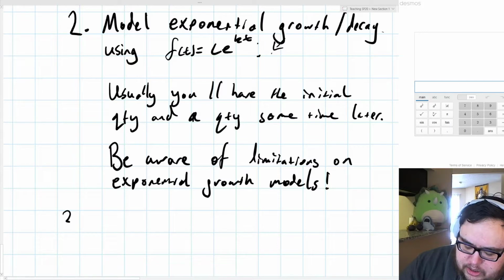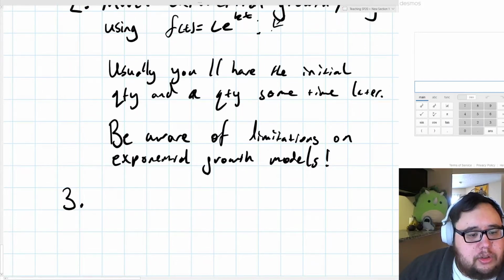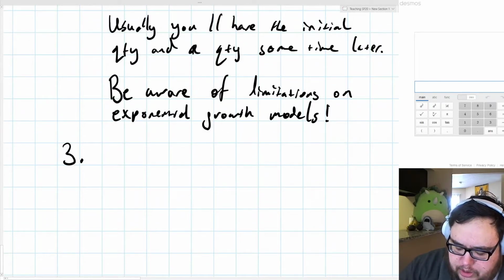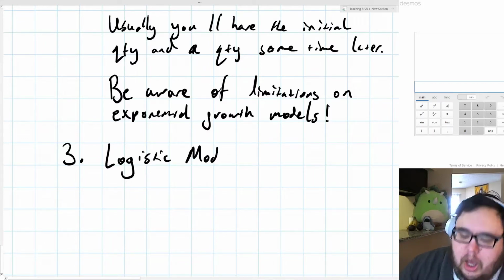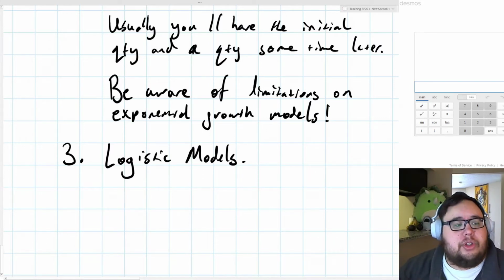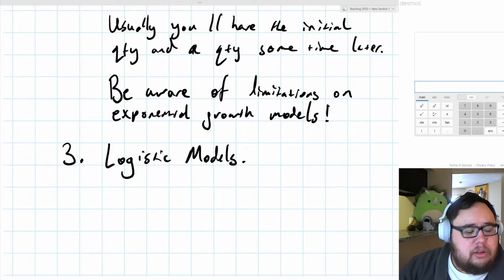And then the last sort of thing that you really need to be aware of for modeling using exponential models is the logistic function. So logistic models. I will not ask you to create logistic models. We do not have the tools to do that. But I may ask you to interpret them or explain maybe what is different between a logistic model and an exponential model, right?